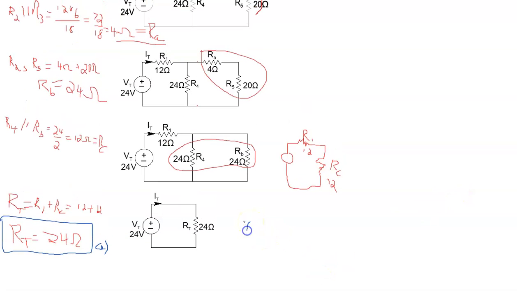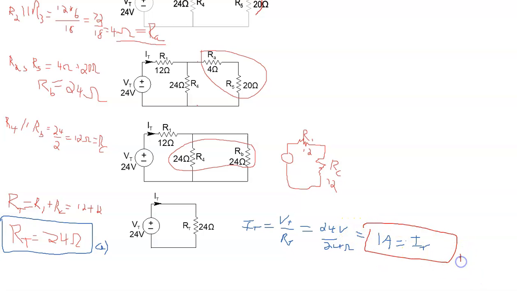So we start off then with IT is equal to VT divided by RT, and we have 24 volts over 24 ohms, and so 1 amp for IT, and that of course was the answer to part B.